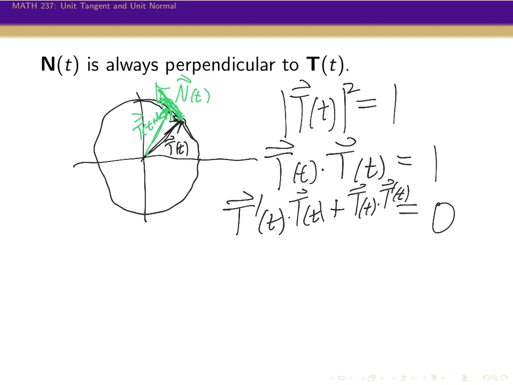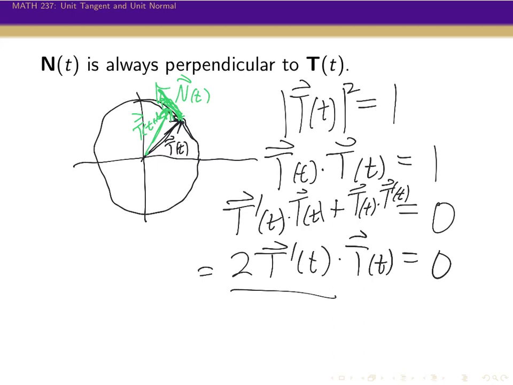And so really we have T prime of t dotted with T twice. So it's 2 T prime of t dotted with T of t is equal to 0. And then to make the left-hand side look like the unit normal vector, I just divide both sides by 2 times the magnitude of the derivative of the unit tangent.